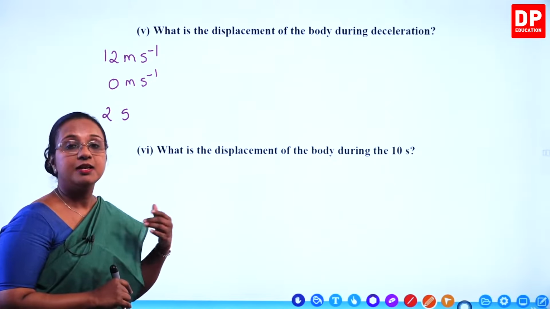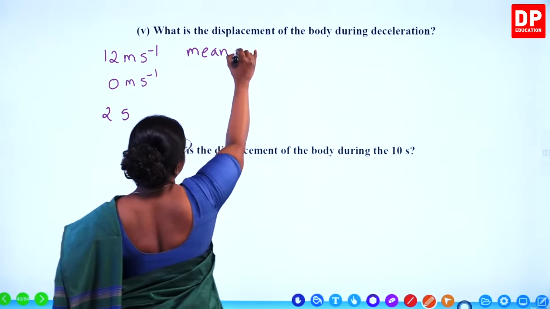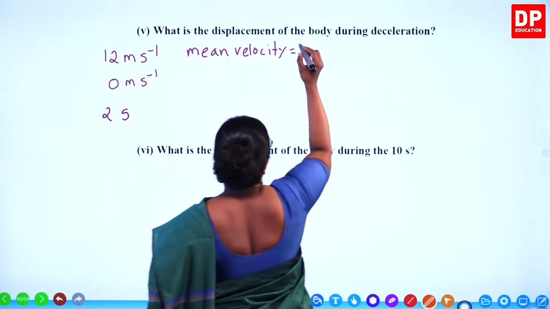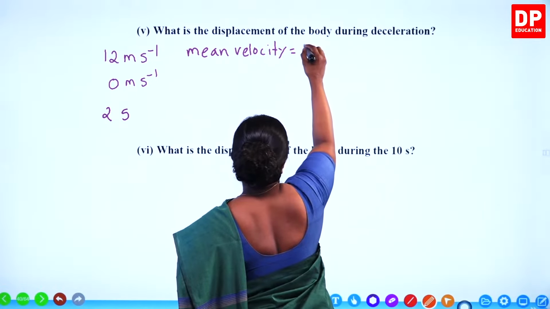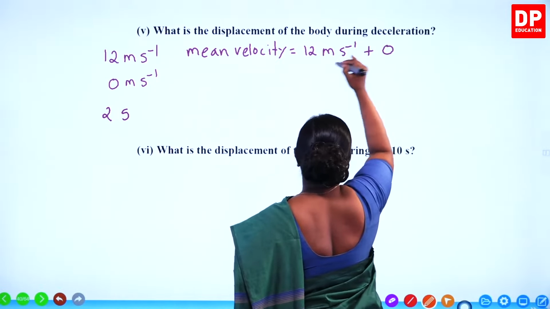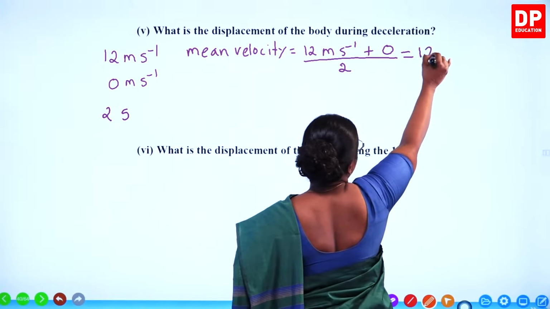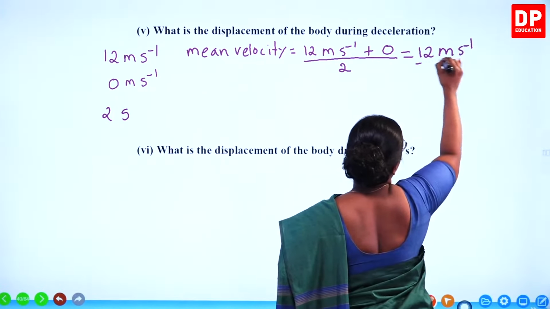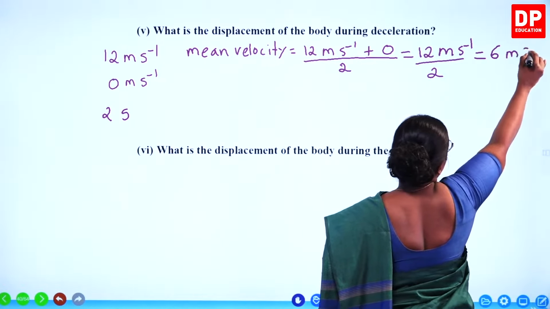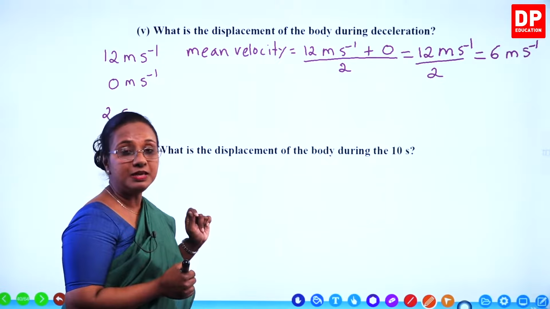The object is decelerating. So mean velocity, I will take the initial velocity as 12 meters per second and then final velocity 0 divided by 2. So we get the value as 12 meters per second divided by 2. Again you get the average velocity 6 meters per second.